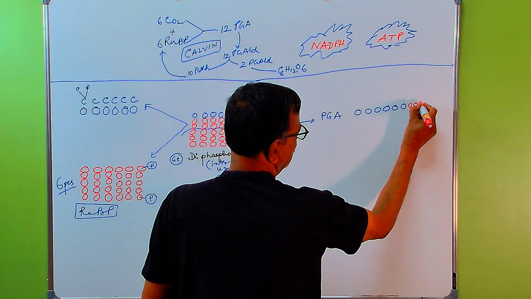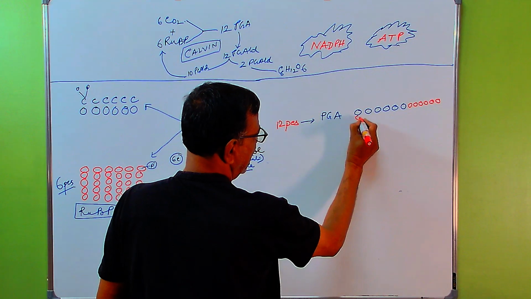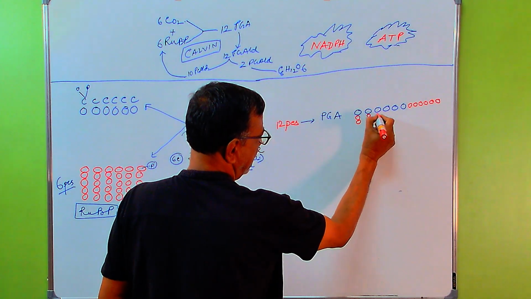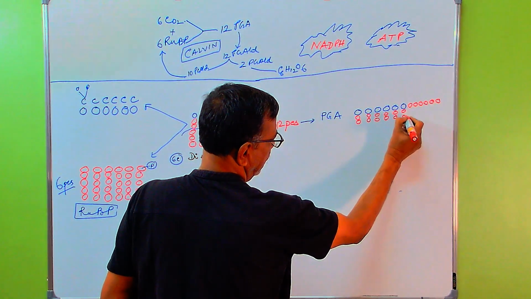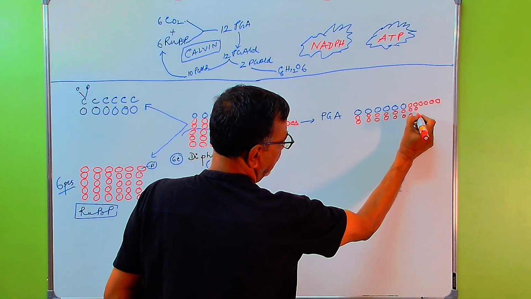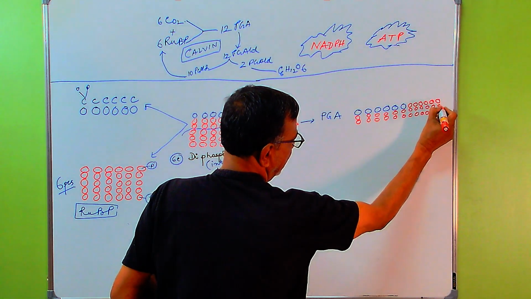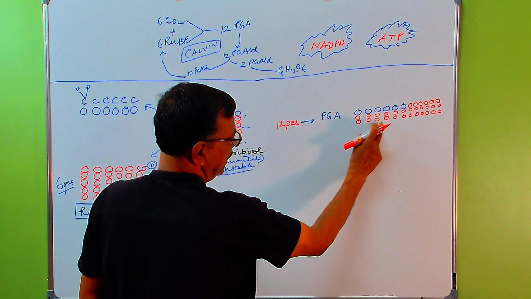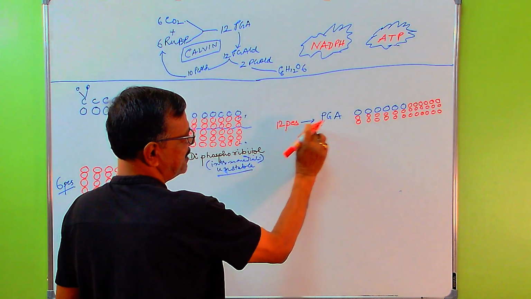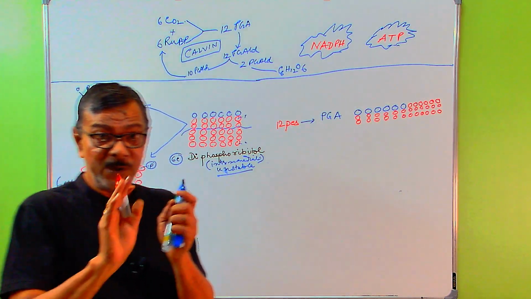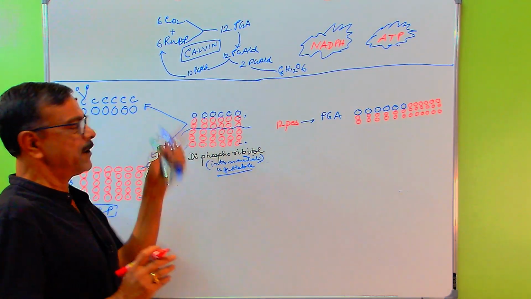These are all 3 carbon compounds. So 12 pieces of PGA have been produced, and 6 have the carbon of carbon dioxide.